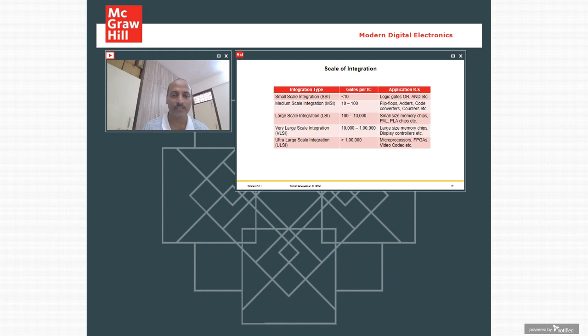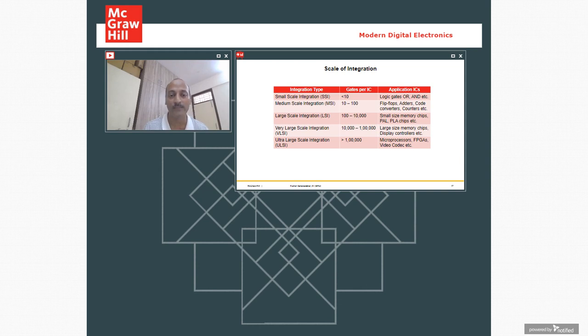When the number of logic gates is in the range of 100 to 10,000, we call it large scale integration. So small size memories. So if you look at large scale integration, the first device was 1 kilobit of memory, wherein roughly 10,000 gates, 9,700 something gates were integrated.